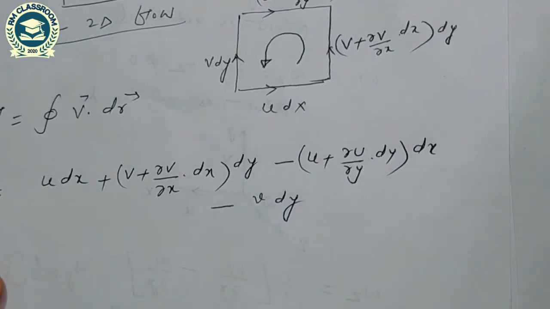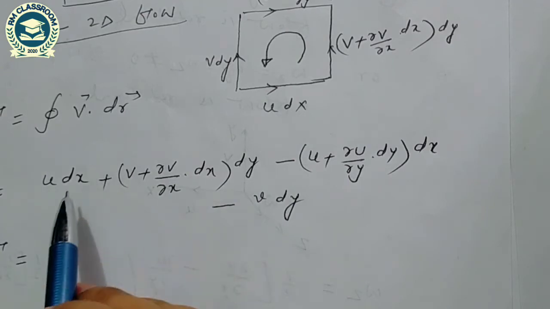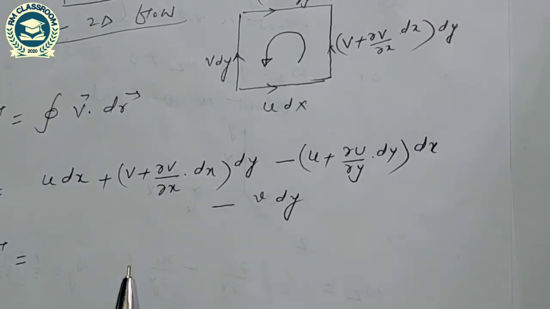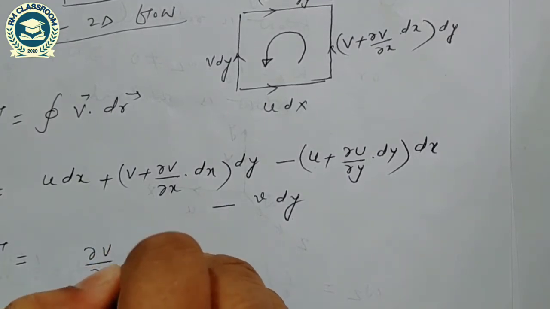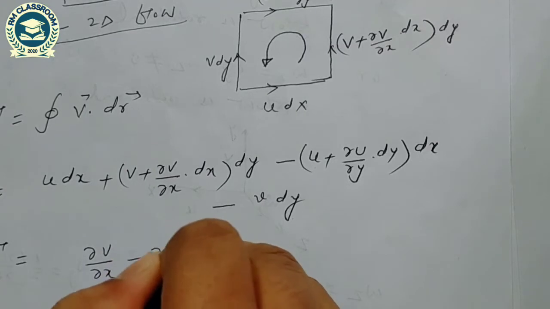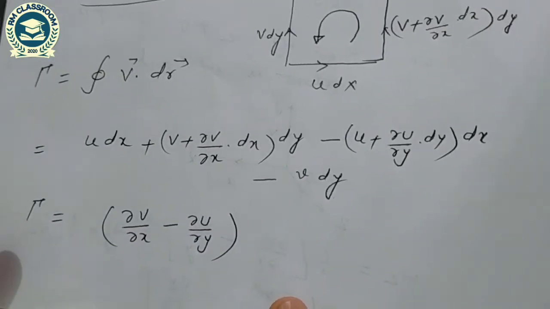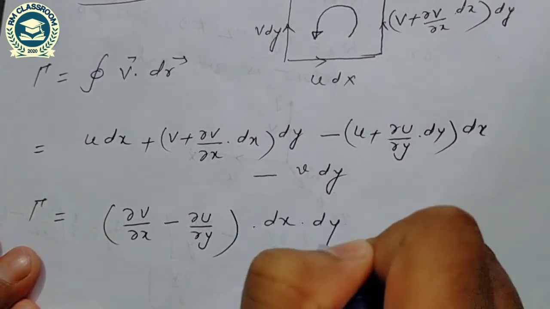So circulation is coming u dx, and this u dx cancels, v dy, and this v dy cancels. So del v by del x minus del u by del y into dx dy.